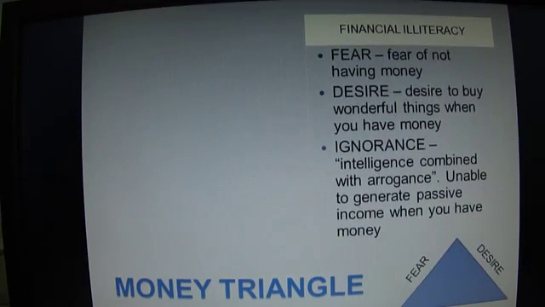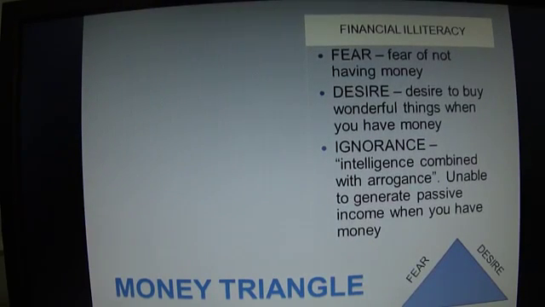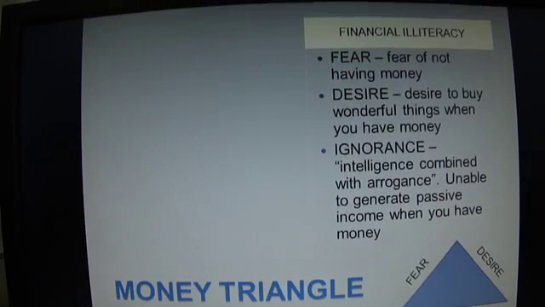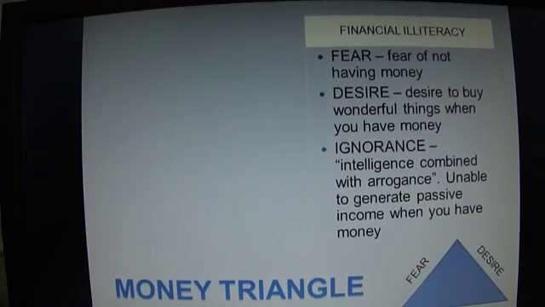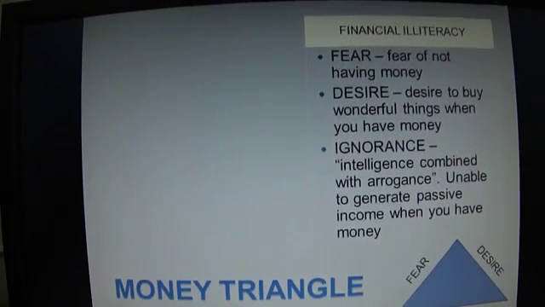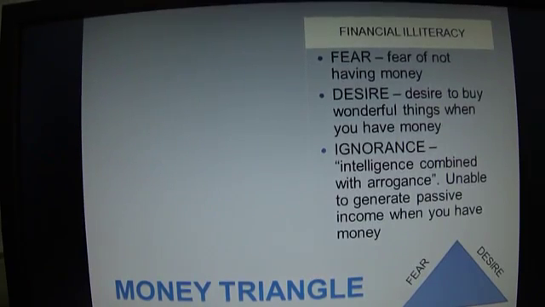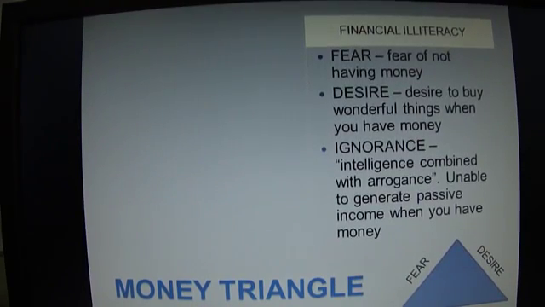And ignorance. Ignorance is intelligence combined with arrogance, being unable to generate passive income when you have money. Take for example some of the famous celebrities, athletes, and prominent people. They were blinded by their earnings that they thought it was endless. Some of them went back to being poor because they were not financially educated.